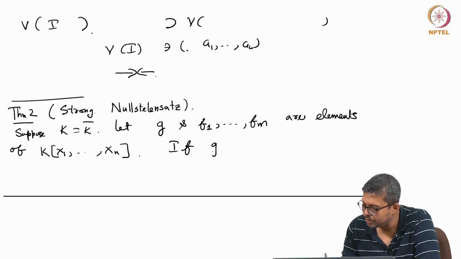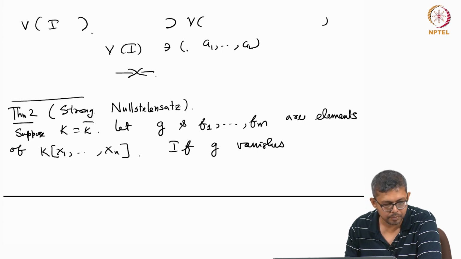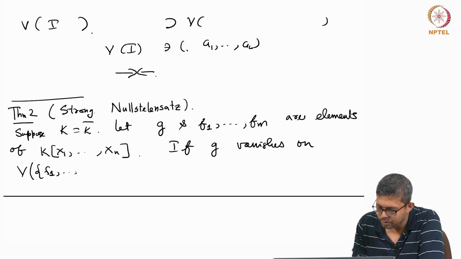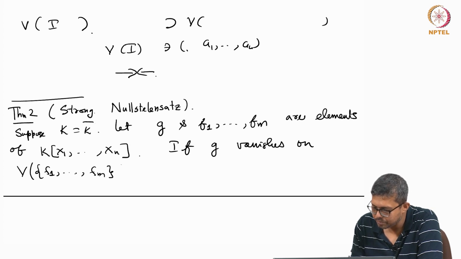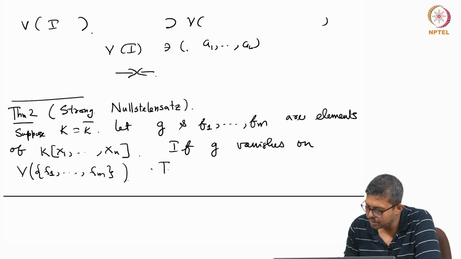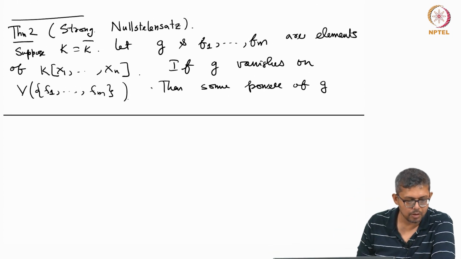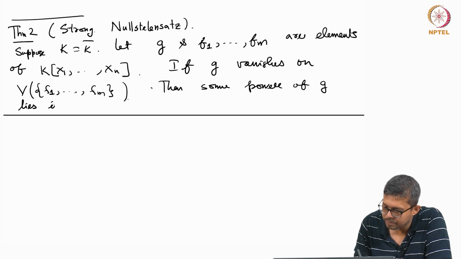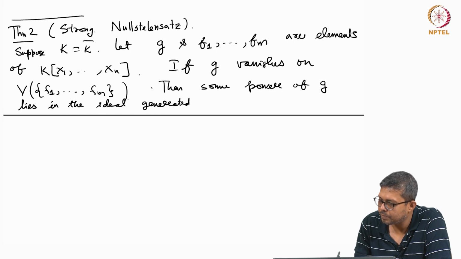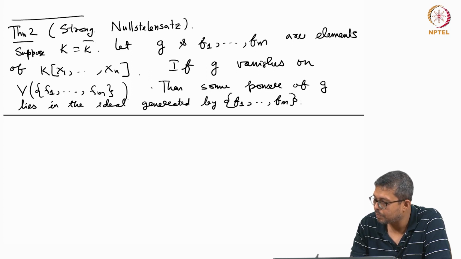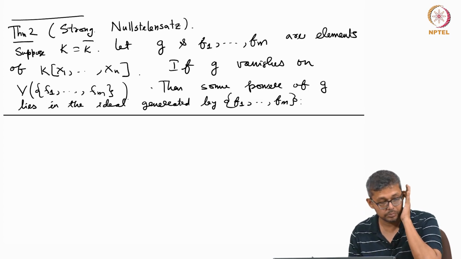If G vanishes on the zero set of F1, F2, ..., Fm, the system of equations, then some power of G lies in the ideal generated by F1, ..., Fm.